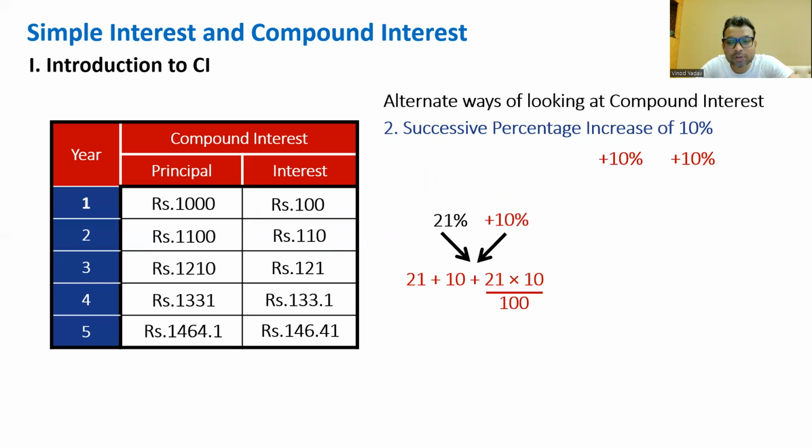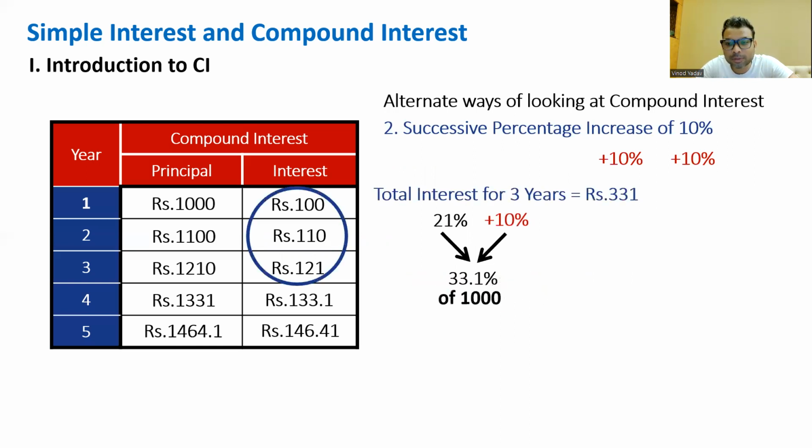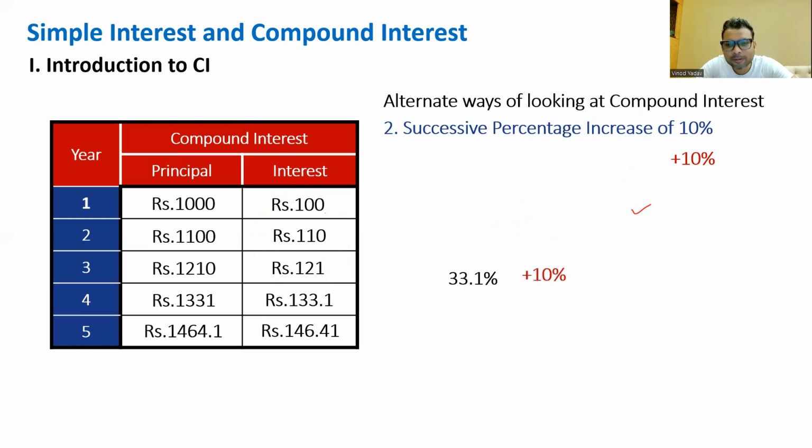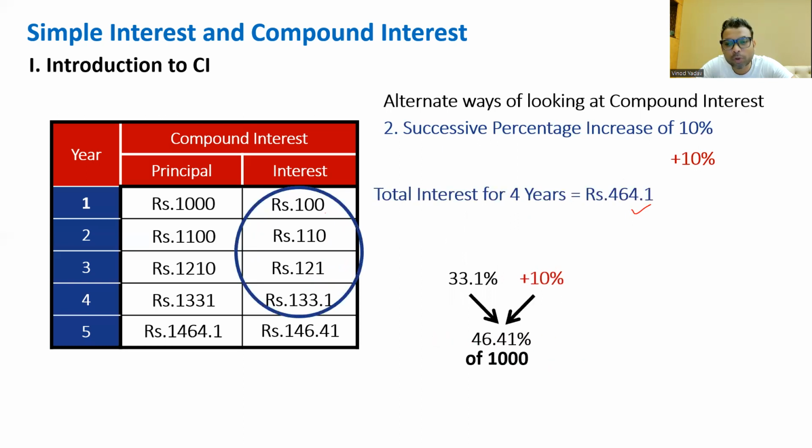So this calculation will be 33.1%, and 33.1% of 1000, yes, is going to be 331. And you can check 100 plus 110 plus 121. Same way, keep continuing. Yeah. So this, if you apply A plus B logic, so ultimately 46.41%, which is 464.1 addition of these 4 years interest.